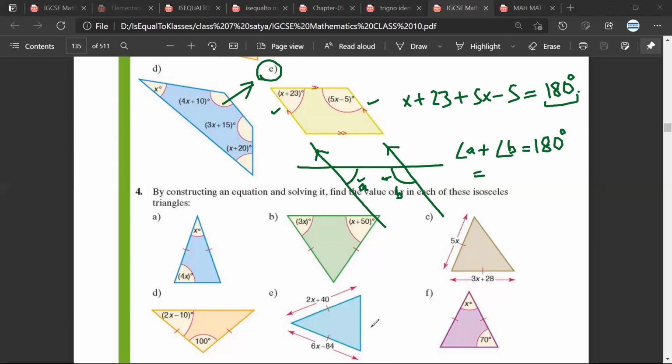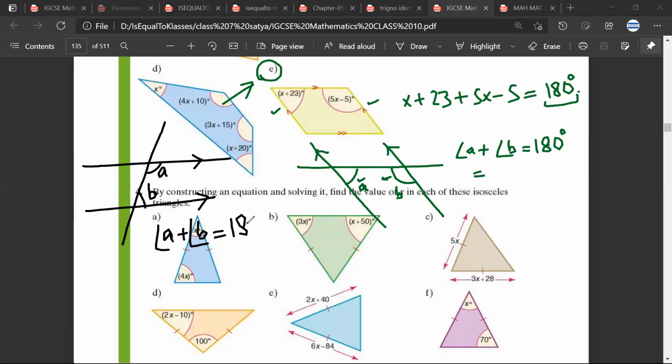Sarthak, any doubt? No, sir. See, this angle A. So if this line is parallel to this line, angle A plus angle B would be equal to 180 degree.